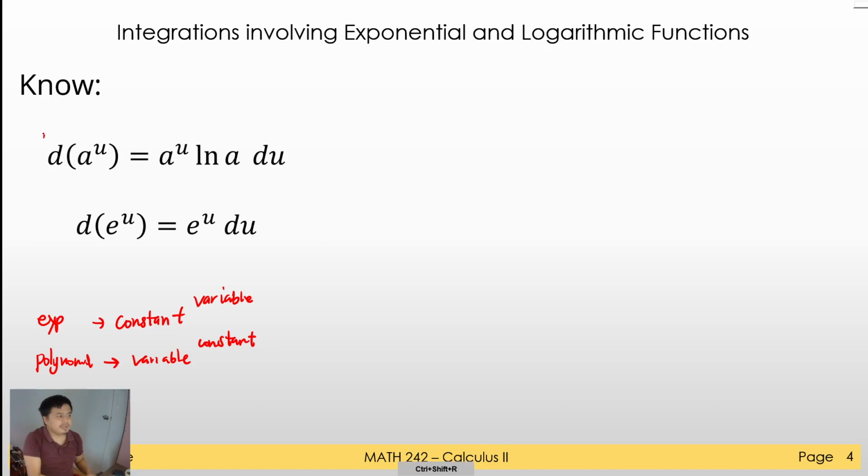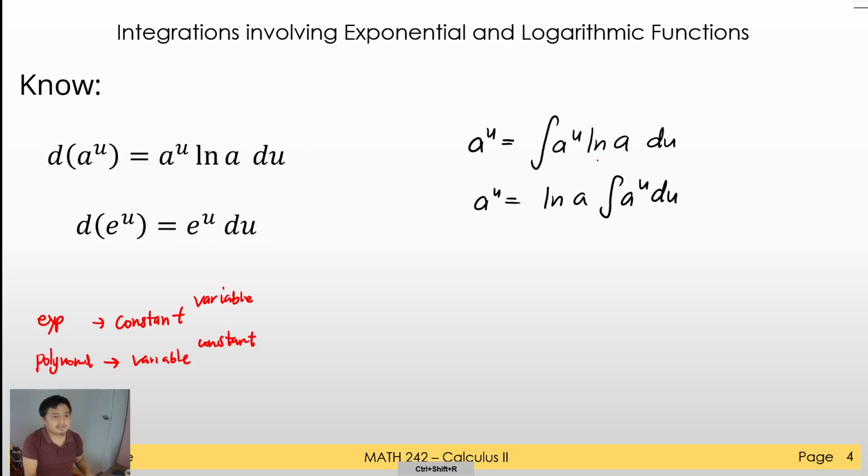So we can integrate both sides. This will become a raised to u is equal to the integral of a raised to u ln a du. We know that ln a is a constant, guys. The natural log of a constant is still a constant. Therefore, a raised to u is equal to ln a times the integral of a raised to u du, so we can factor this out.